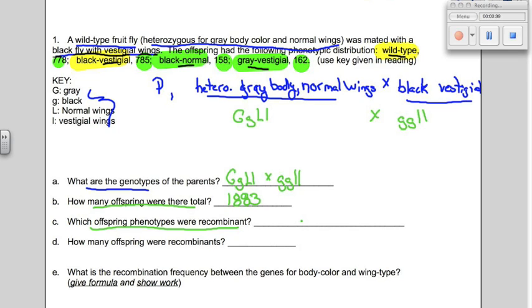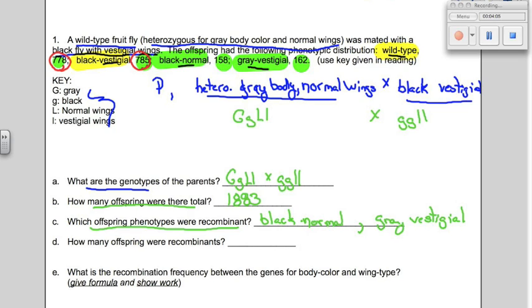They are a combination of the two. So black, normal, and the gray vestigial are my recombinant phenotypes.